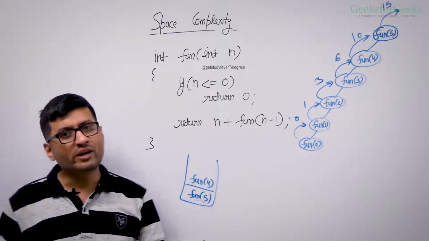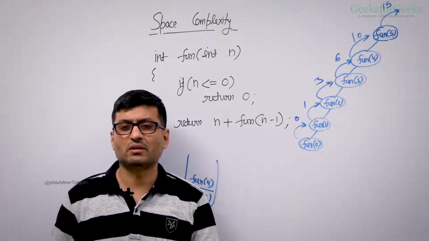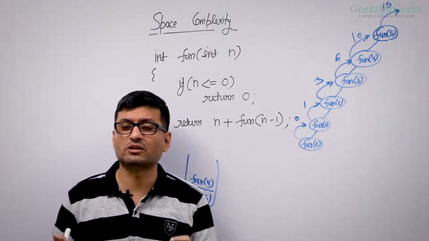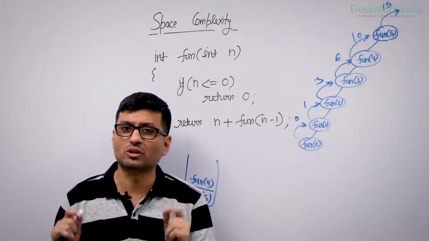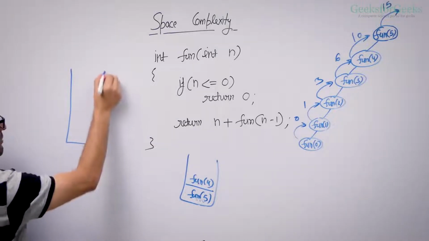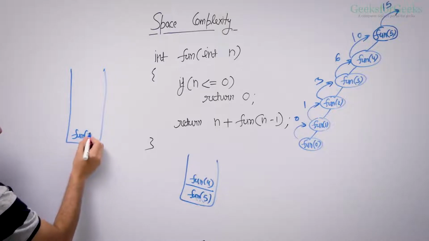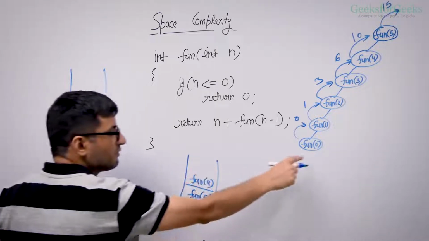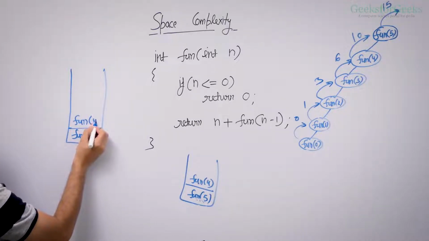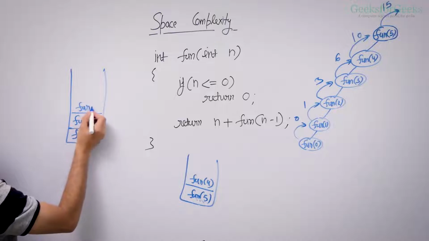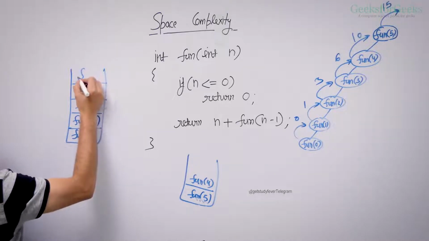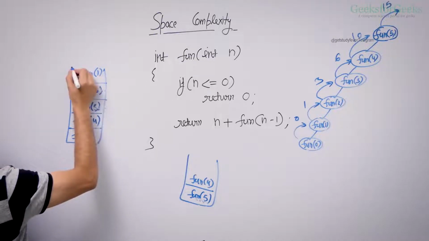Now there is a moment when you have n plus 1 function call states stored in the function call stack, right? At a moment, in the worst case, what will happen? Fun5 will be there in the function call stack when fun0 is called. This will happen when fun0 is being executed. You will have fun4, then you will have fun3, then fun 2, then fun 1, and then you will have fun 0.